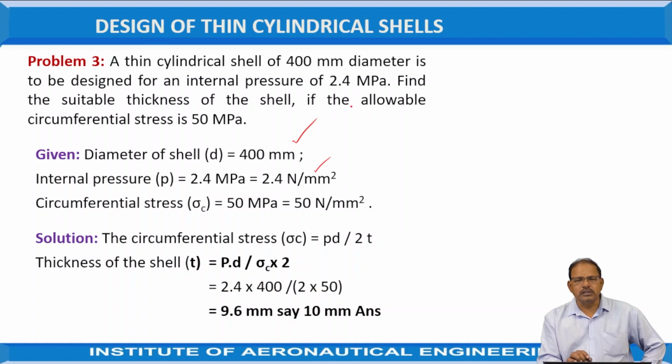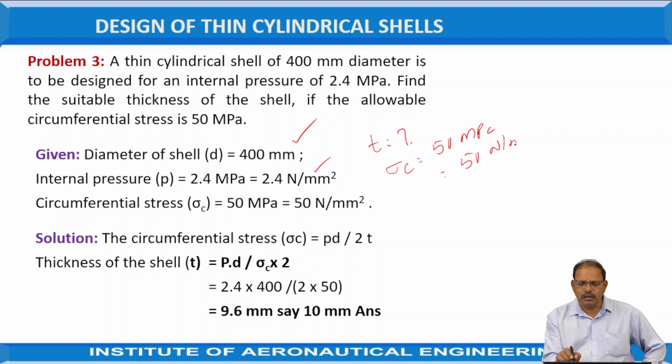Find the suitable thickness, t, we have to determine now. The condition given is that the allowable circumferential stress, sigma c, is 50 megapascal. That is nothing but 50 Newton per mm square. By using the relation, sigma c is equal to PD divided by 2t.